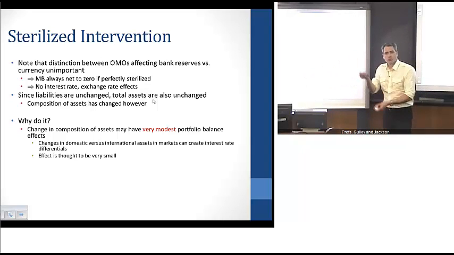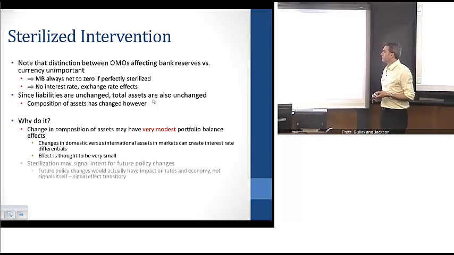So it can create these interest rate differentials, which we've talked about before, can impact exchange rates. But this effect is thought to be really small, and the data seems to support that this effect is pretty small, if anything.